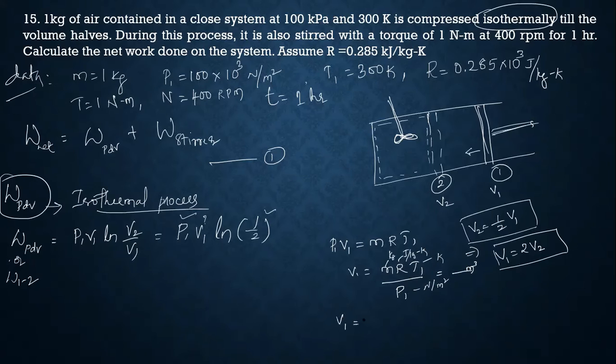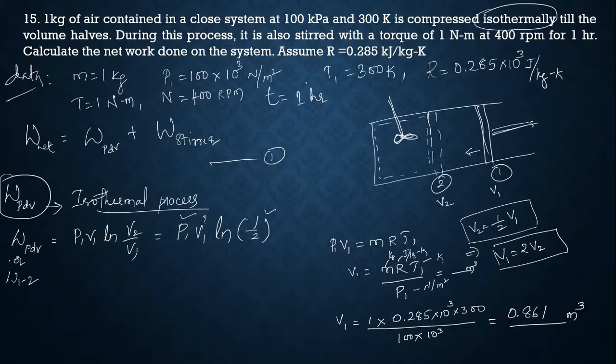Therefore, V1 is equal to mass 1, R is equal to 0.285 × 10 to the power of 3, T1 is 300 Kelvin, and P1 is 100 × 10 to the power of 3. Then you will get the answer V1 in meter cube. V1 you will get 0.861 meter cube.